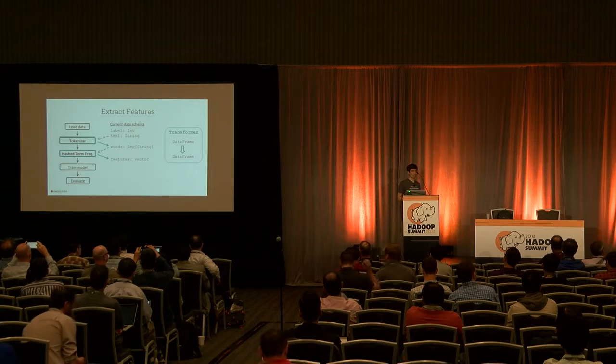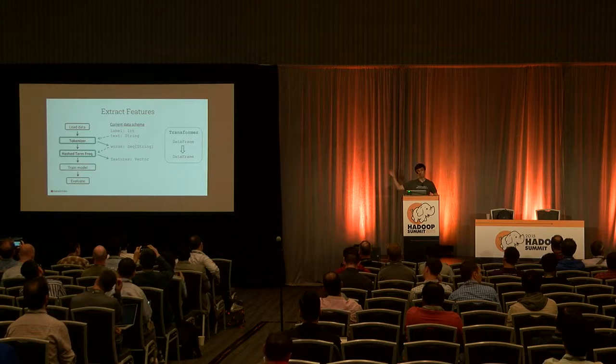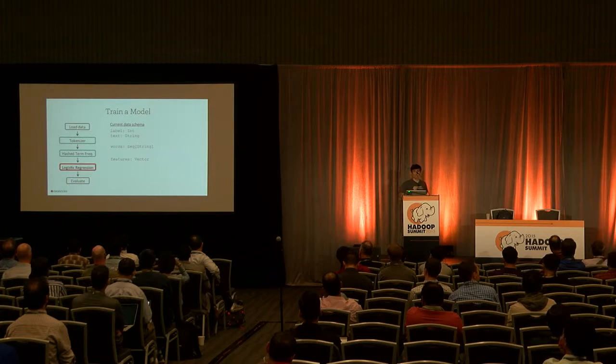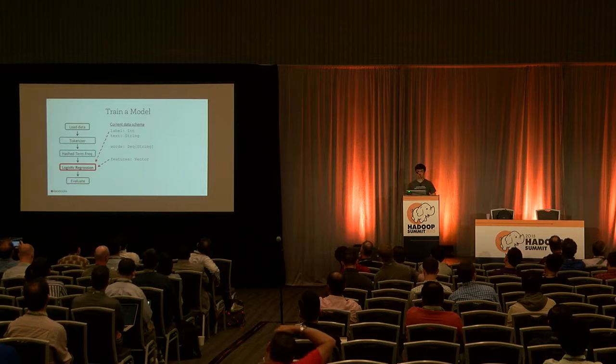And you'll note that each of these components can basically select from any of the previous columns and output one or actually multiple columns of its own. So for training a model, we're going to be using logistic regression, arguably the most common or useful model in practice. And it will pull from the label column, which we haven't looked at yet, as well as the features column.